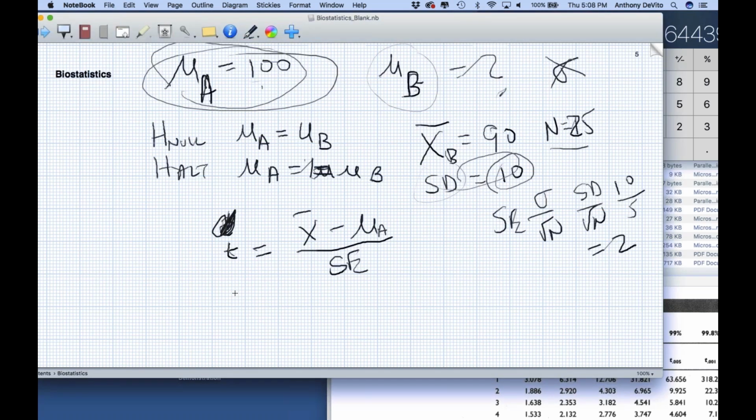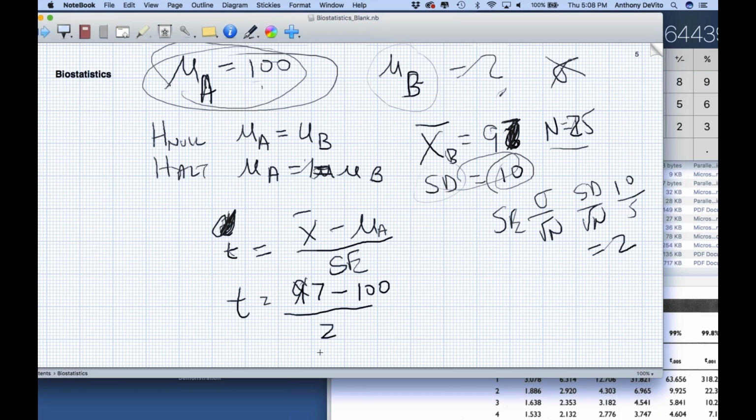So let's see what I wind up with here. My t-value is equal to x bar. I'm going to change something midstream here because I want this to be a little bit more interesting. I'll tell you what, call it 97 instead of 96. It's going to be x bar minus mu, which is 97 minus 100, over my standard error, which is equal to 2.